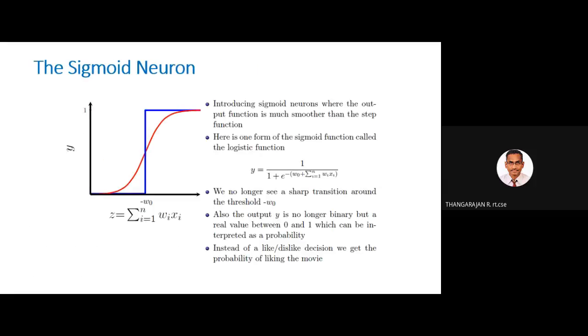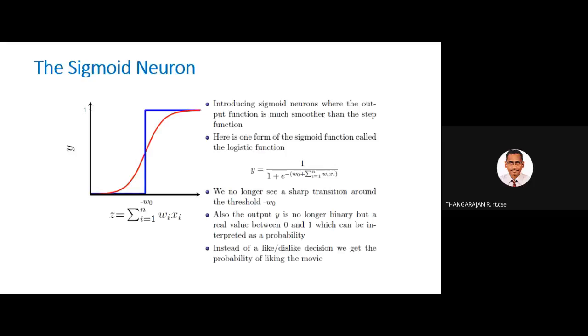Right. Next, I think I can just go through some more slides. Two or three slides are there. Another drawback with this perceptron is that it is a hard threshold. Say, for example, this is theta. Even though I can learn theta, that theta is actually a hard threshold. When theta is equal to minus W0, at this point you find there is a step function. It is a sharp discontinuity.